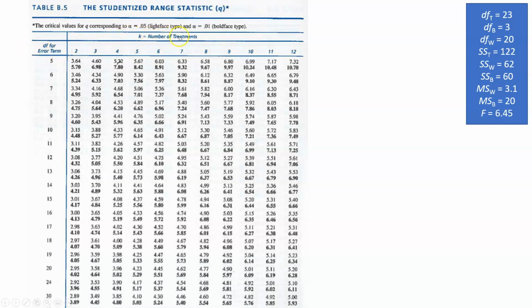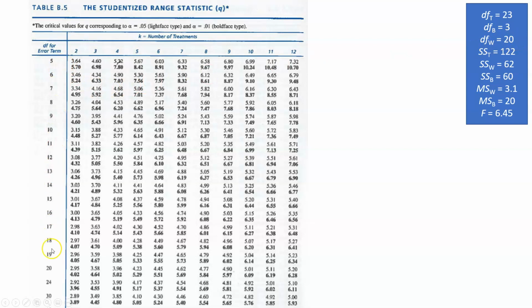We have 4 conditions, 4 treatments. The first one was read the material once, the second one was read the material twice, the third one was answer questions somebody else prepared for you, and the fourth one was answer questions you wrote yourself. So we find the intersection between the number of treatments and DFW, which we computed as 20.